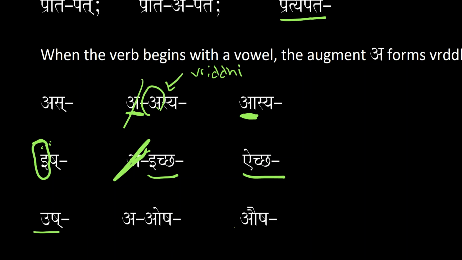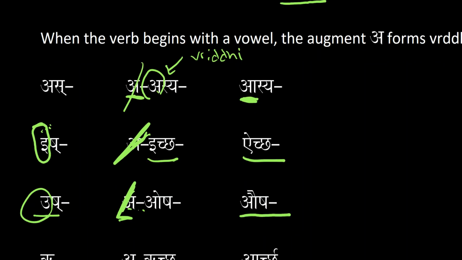But since in this scenario an augment 'a' is here, this 'u' no longer takes guna, but it takes vridhi. So it's no longer osh and then you're adding your termination, but it's aush, then you're adding your terminations, and again you're disregarding the augment 'a' because the change was made because the augment was there before you added your termination endings.